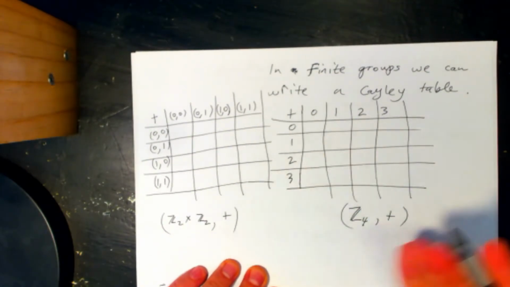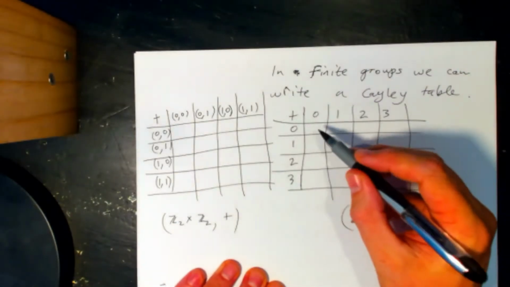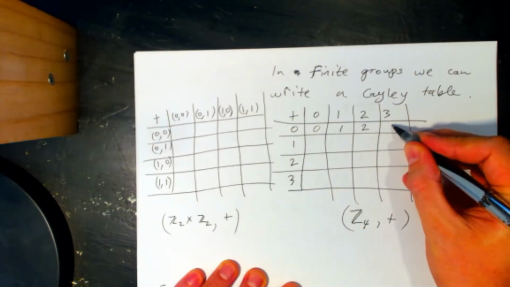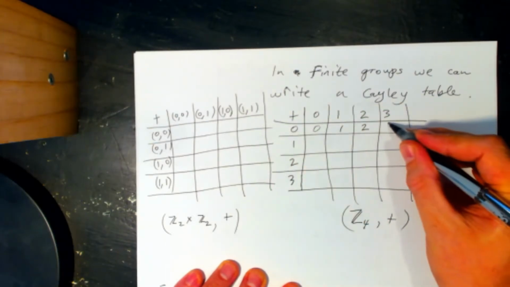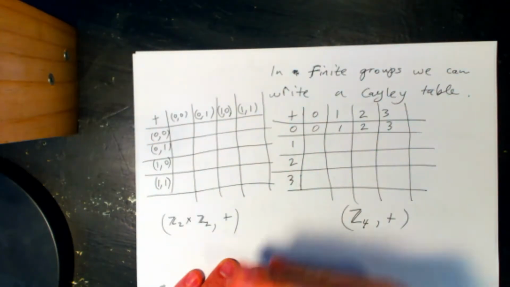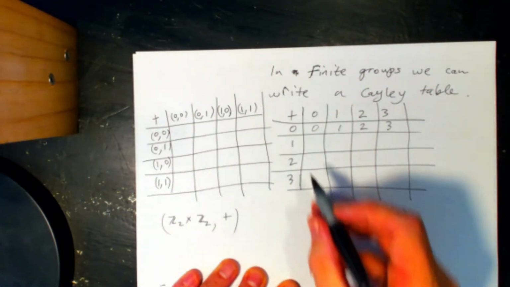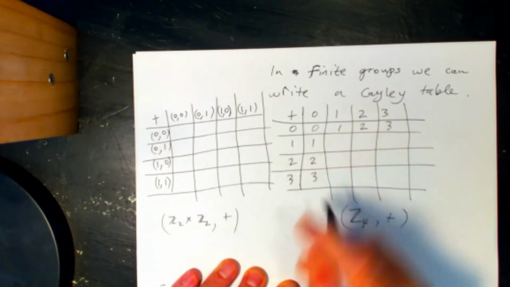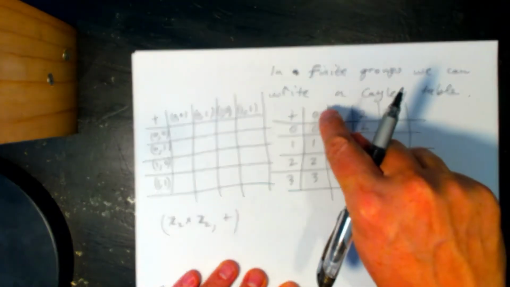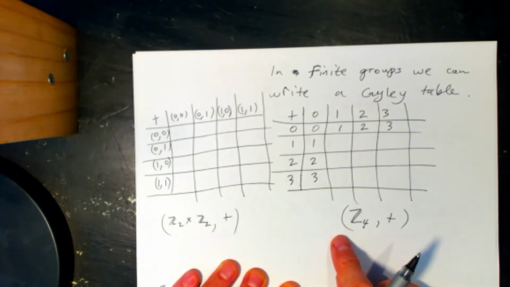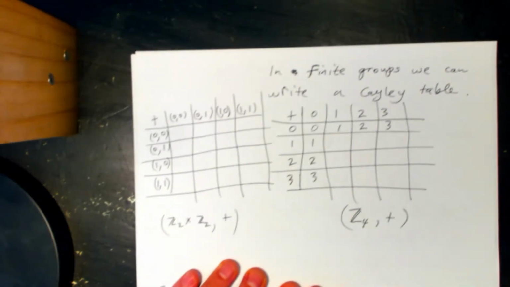But let's fill out this Cayley table. So 0 plus 0 is 0, 0 plus 1 is 1, and so on. We know these are neutral. We know that 0 is neutral, so we just have to copy down that top row. And the same here in the column, 1 and 2 and 3, because, for example, 0 plus 3 is 3, right? Which is the same as 3 plus 0.